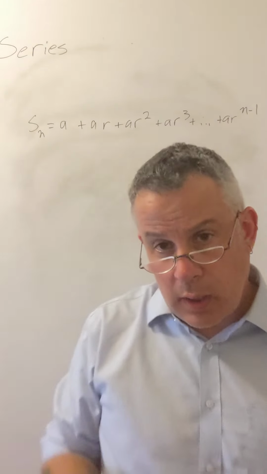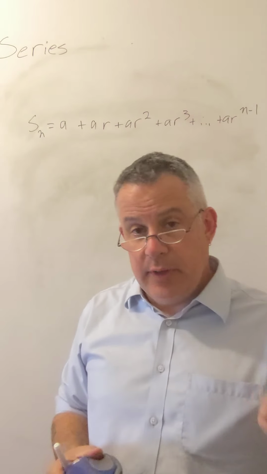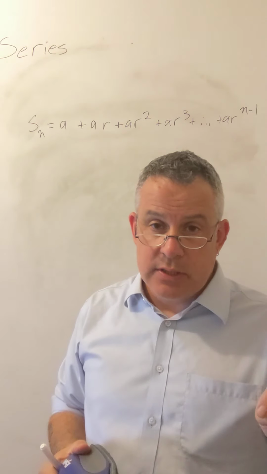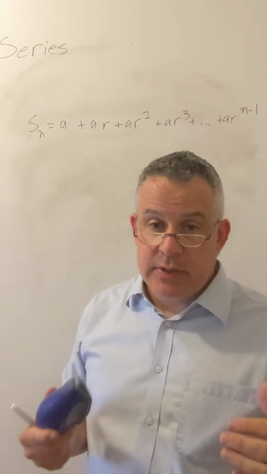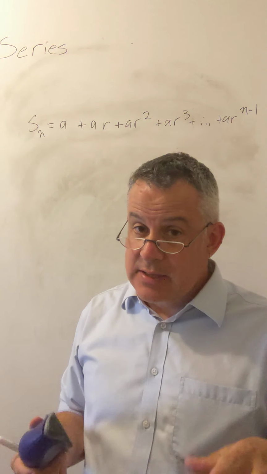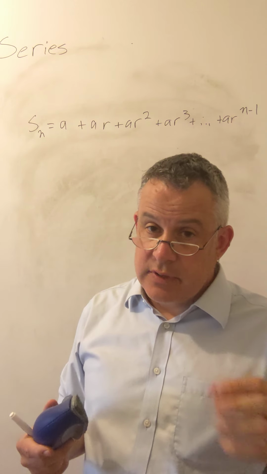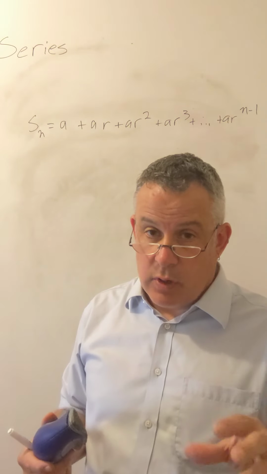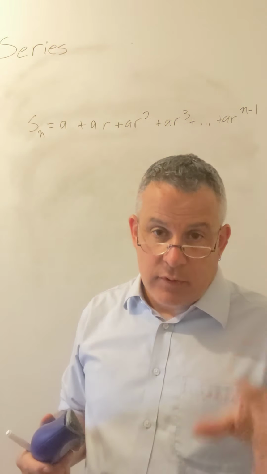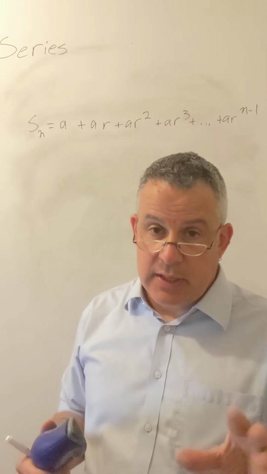Okay, so how can we tell what the limit of the geometric series is? Well, we can only tell if the geometric series actually has a limit. So we're restricting ourselves to thinking about convergent versions, that is, the case where the magnitude of r is less than 1. It could actually be an alternating series too.